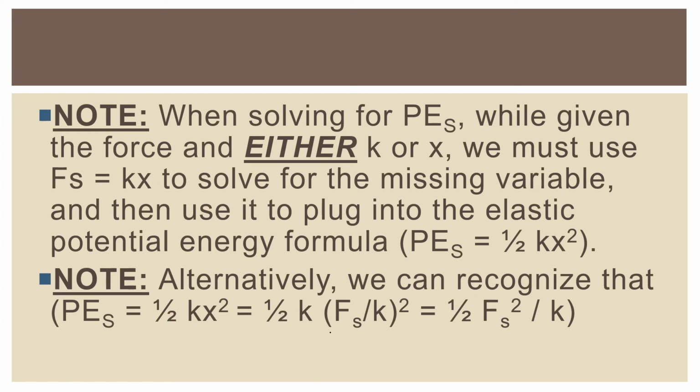So instead of plugging in the number for x, we can plug in the spring force over K. The spring force gets squared, the K gets squared, it cancels that K, and you end up getting 1/2 the spring force squared over K. Either way makes you more comfortable. It's entirely up to you. Take a second to pause this video here and write that down. And when you hit play, we'll move on.